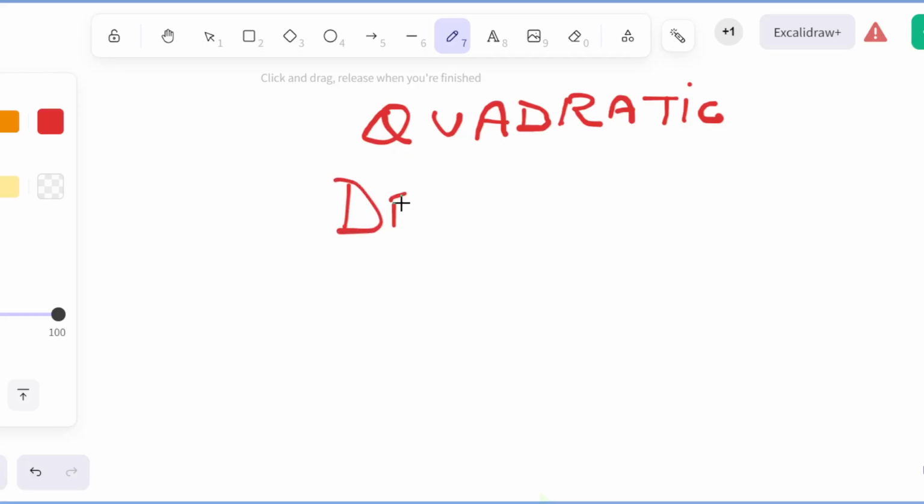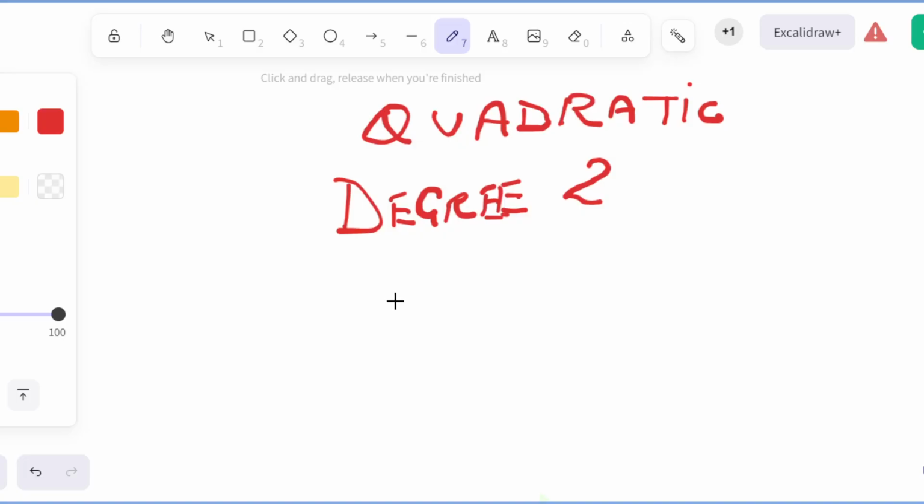What is degree? Whichever polynomial has a degree 2 will be a quadratic equation.